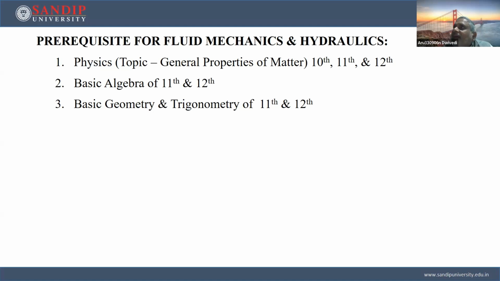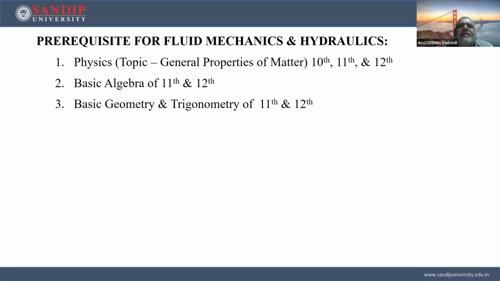That is only physics, and in physics, the general properties of matter, which is chapter number 1 or module number 1 of 10th, 11th and 12th class. Thereafter, basic algebra of 11th and 12th class, basic geometry and trigonometry of 11th and 12th class, and whatever differential and integral calculus you are studying in the first year of engineering is more than enough for you to crack any examination.